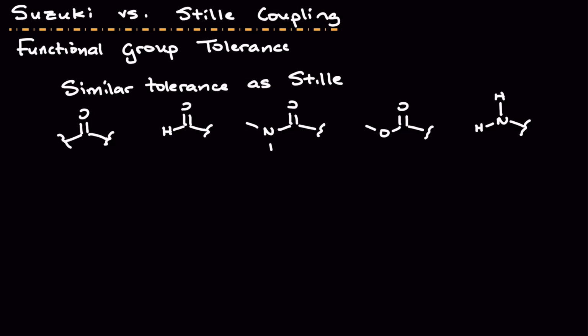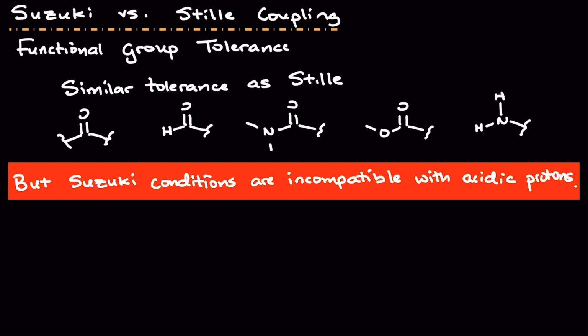And so you can tend to have a bunch of other types of groups on your molecule and they pretty much remain intact, whether you have ketones, aldehydes, amides, esters, amines. These groups tend to be tolerant towards these conditions. But importantly, there is a major difference between your Stille and your Suzuki.